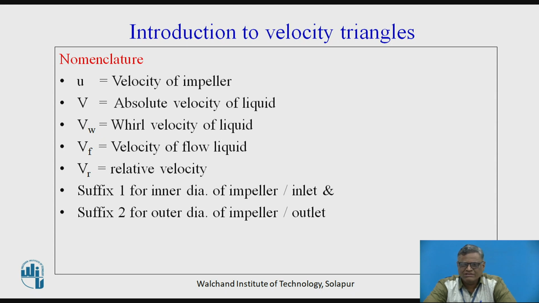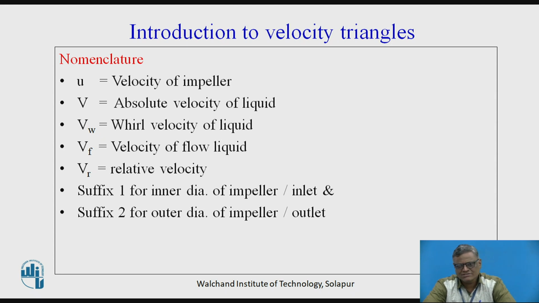Vr is the relative velocity, as said earlier. So we are having the velocities of the solid components like blades or vanes and the velocity of the liquid. The relative velocity refers to the vectorial difference between these two. Then we are going to use the suffix 1 and suffix 2 for the entry and exit, or inlet and outlet.